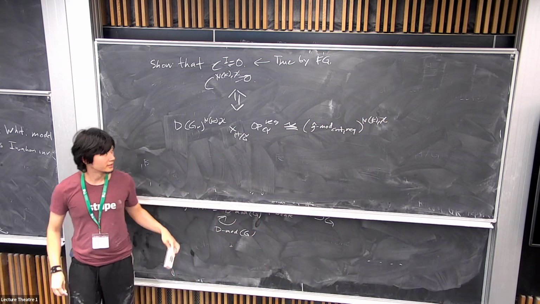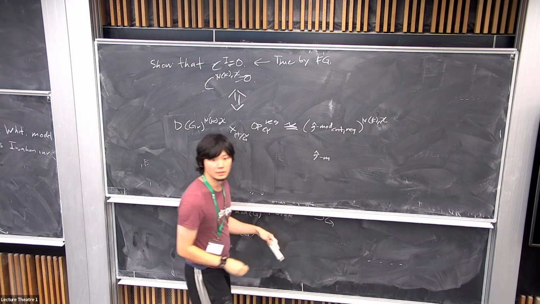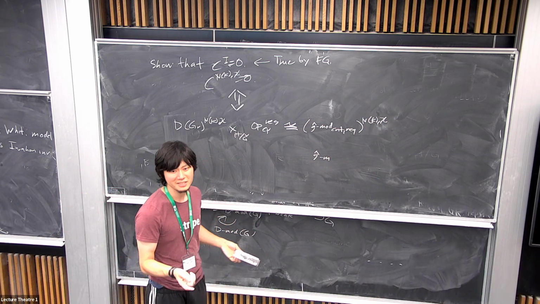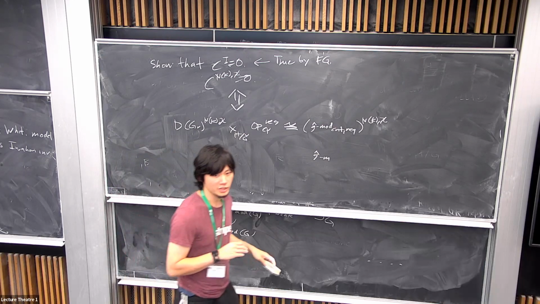Do you need an abstract isomorphism of module categories, or do you need it to be given by this modified functor? It's given by this modified thing, yeah. But this is not so hard to check.